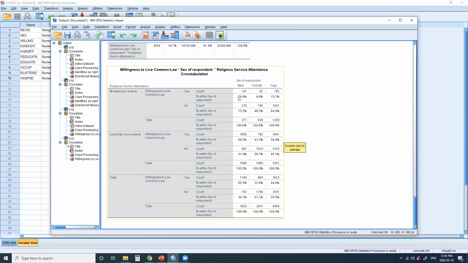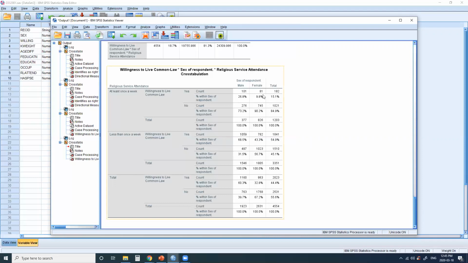And you can see the probabilities, right? The probabilities themselves changed. 26.8% of religiously observant men are willing to live common law versus 9.8% of religiously observant women. Whereas amongst those who are not religiously observant, 68.5% of non-religious men are willing to live common law versus 43.3% of non-religious women, right?